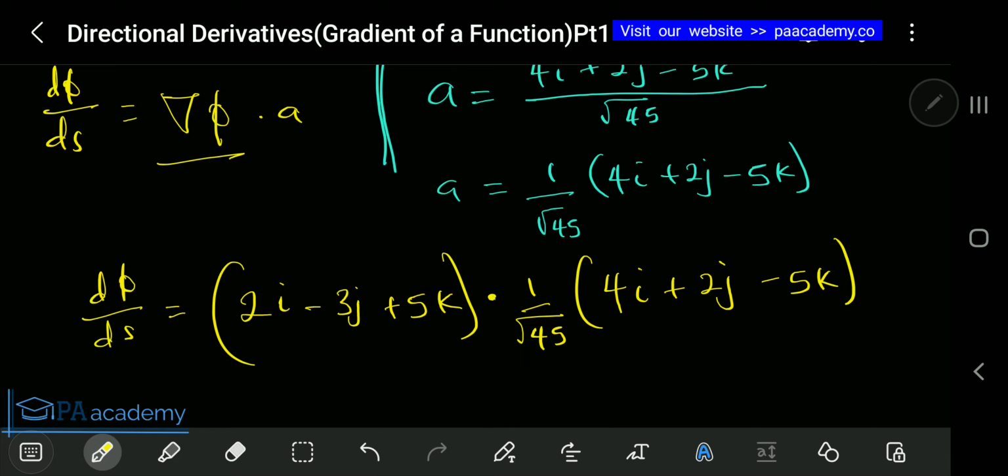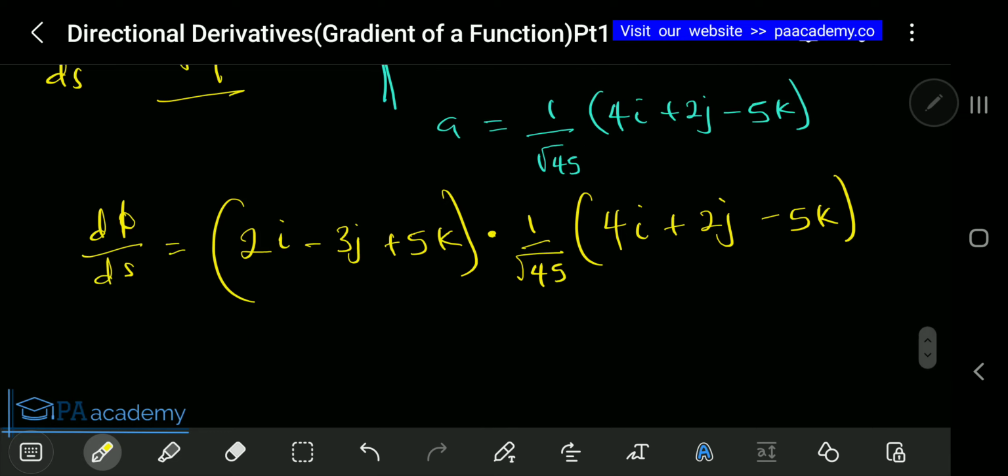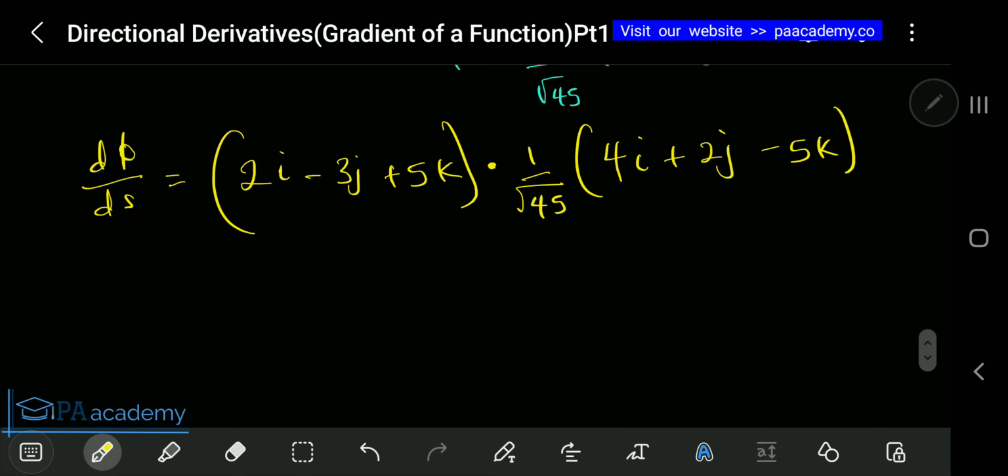Are we good? Alright. To make it more explanatory, let me rearrange this so that â comes first.